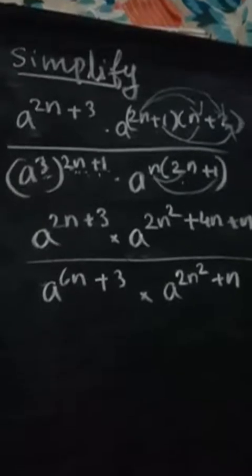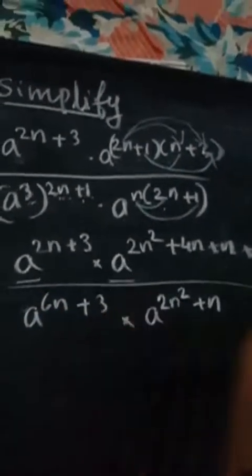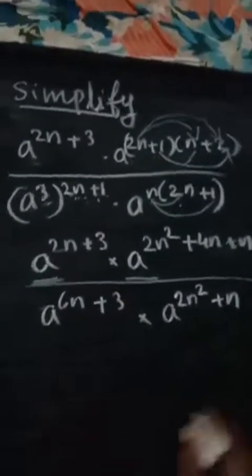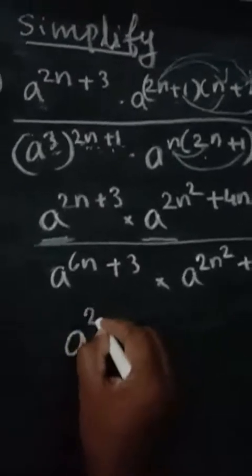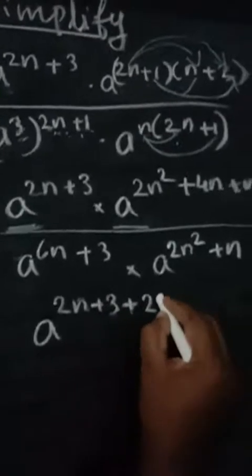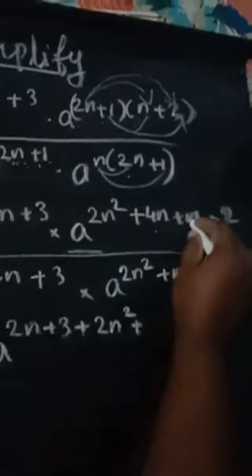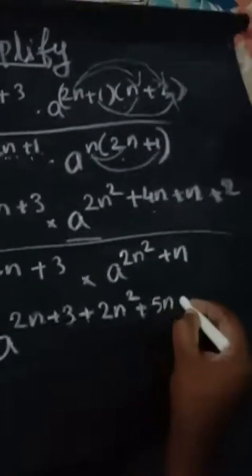Now in numerator the base is a. So we can add the powers, that is a raised to 2n plus 3 plus 2n square plus 4n plus n. You know what is 4n plus n? 5n plus 2.